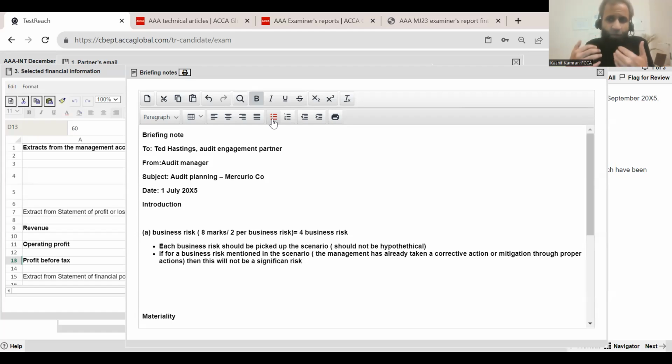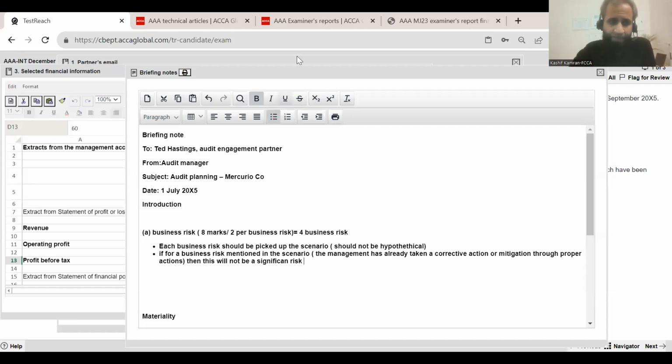At times, the examiner does tell you about a problem in the company, but later in the same paragraph, the examiner also tells you that the management has already rectified it. So if a student writes that particular risk, it will not be significant because the management has already reduced the magnitude of the risk by taking corrective actions.